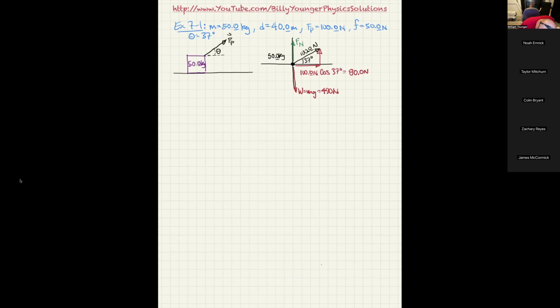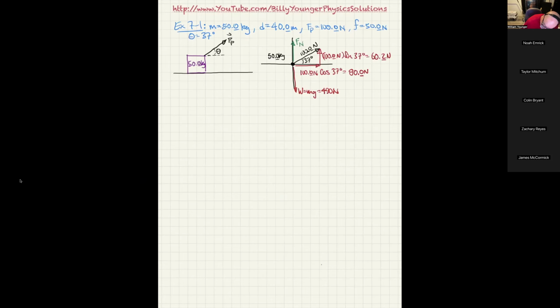And this one over here is 100.0 newtons times the sine of 37 degrees. This one turns out to be 60.2 newtons. And I'm underlining the extra non-significant digit there.